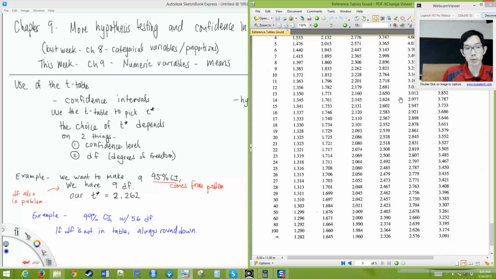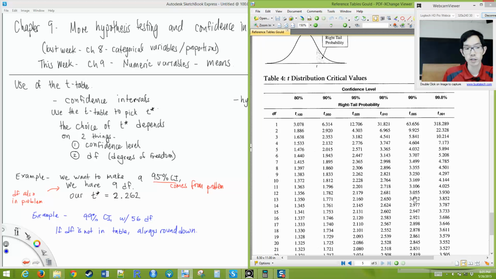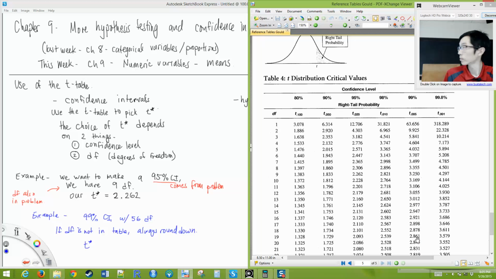So you want to make a 99% confidence interval with 56 degrees of freedom. What is the t star that we will use? Okay, so we go to 99% confidence.